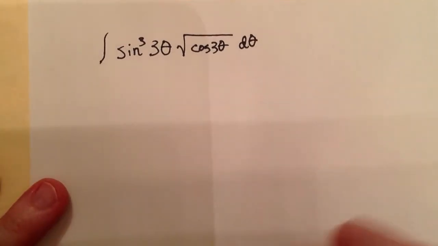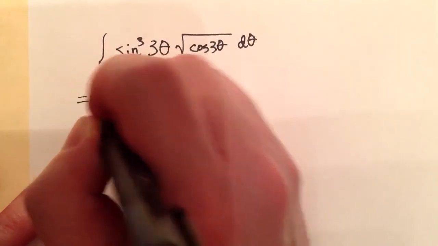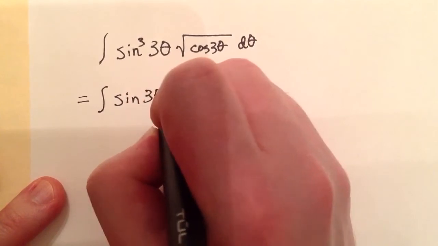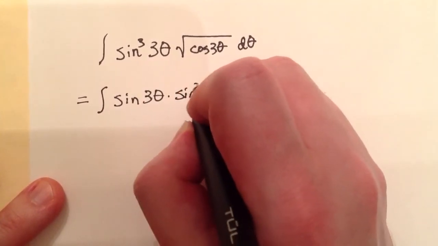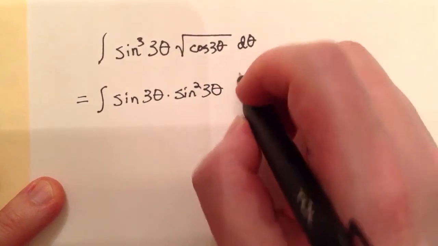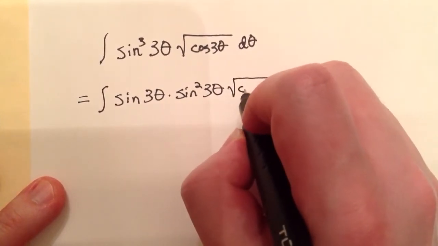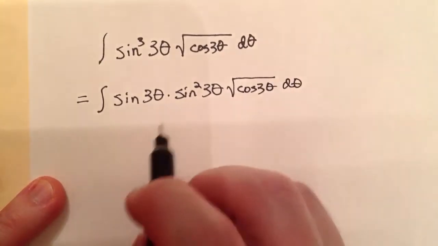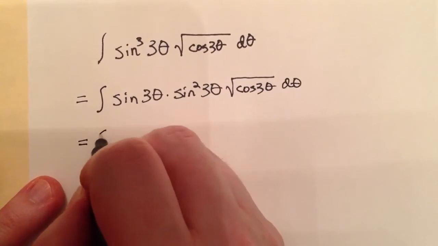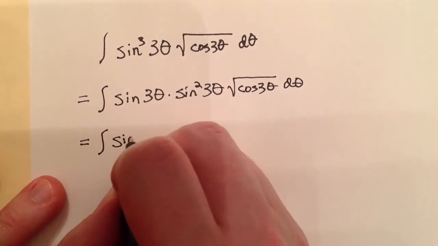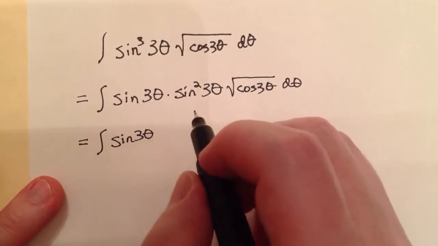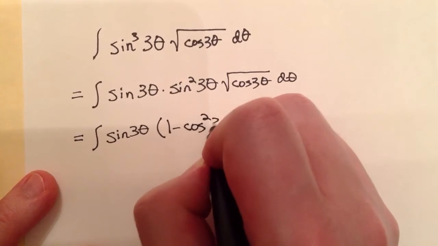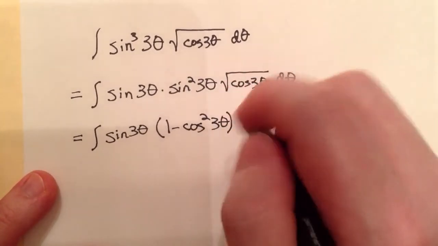And so as we branch out, we're now looking at the integral of the sine of 3 theta times the square of the sine of 3 theta, again times the square root of the cosine of 3 theta d theta. And so rewriting the square of the sine of 3 theta along the lines of the Pythagorean identity, we have 1 minus the square of the cosine of 3 theta.